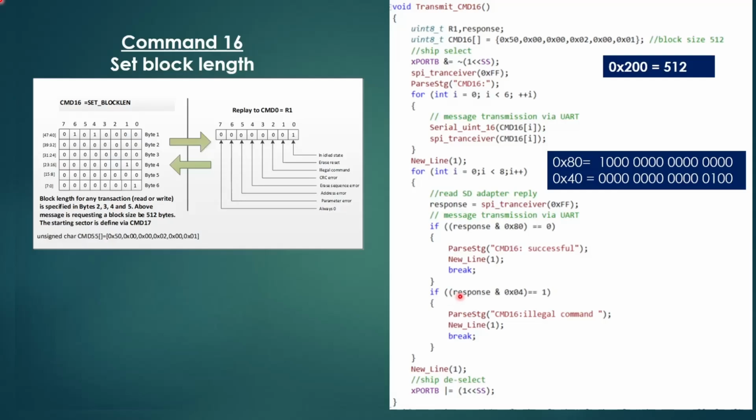What we're going to check here is the response, in this case hex 04, to check for illegal commands, that would be 100. So we're going to check if we end up with an illegal command just in case, and if we never get a 0, then we want to see if it was a legal command. Next, we deselect the chip select.